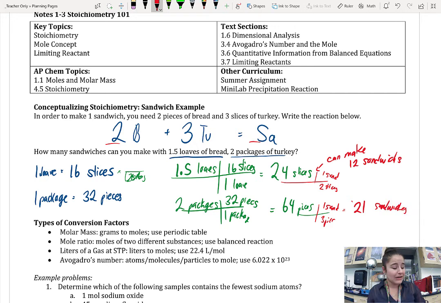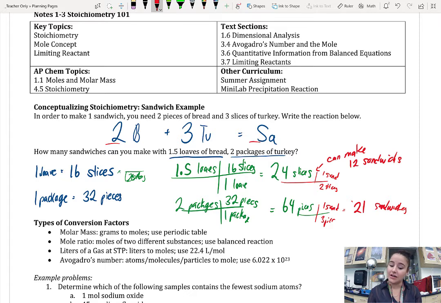So when finding the limiting reactant, you're basically saying, what will you run out of first? So I'll start making my sandwiches, and which one am I going to run out of first? Well, I'm going to run out of bread. I only have enough bread to make 12 sandwiches, and that only needs 12 times 3, 36 pieces of turkey, and I have plenty of turkey for that.